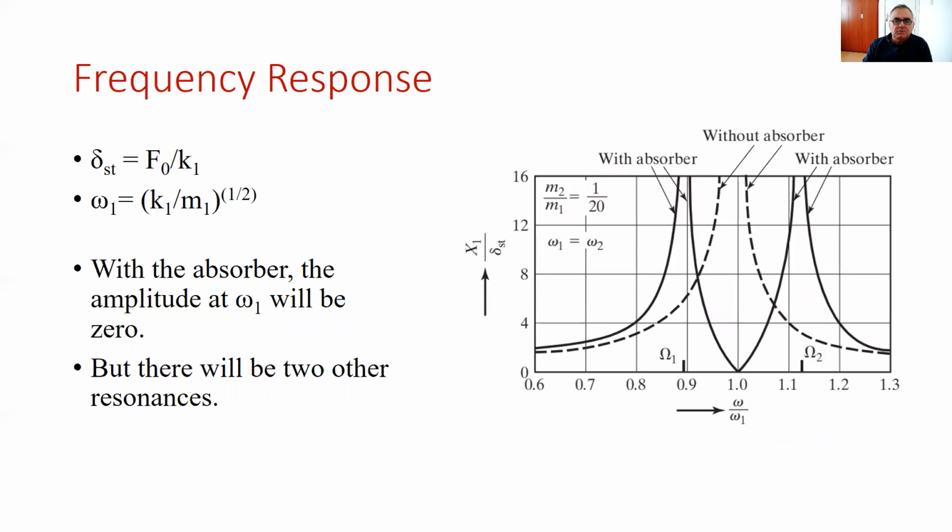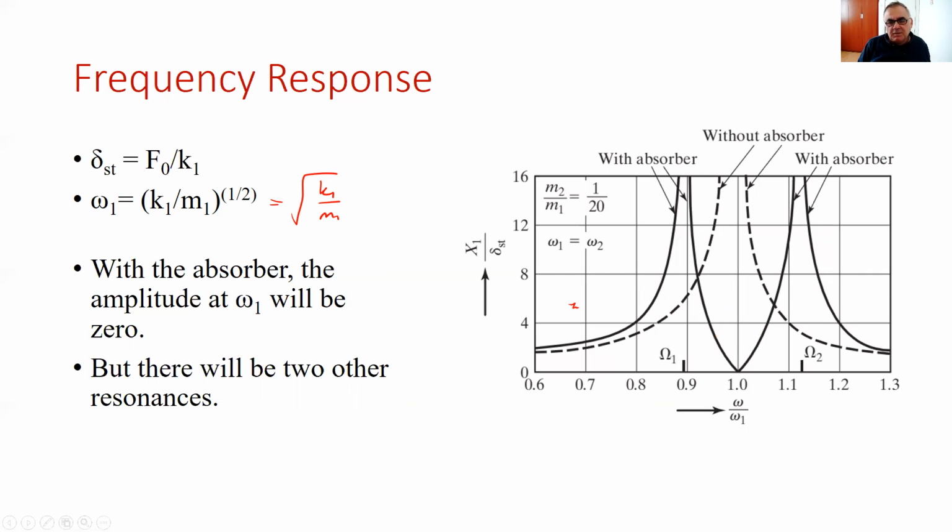And if you look at the frequency response, if you select the delta static to be F0 over K1, this is the definition of static deflection. And if the first resonance frequency of your machine, as a single degree of freedom system, is the square root of K1 over M1 (this is not very easily understandable, let me write it here; this is the square root of K1 over M1, actually), if you do that, the initial frequency response would be this one.